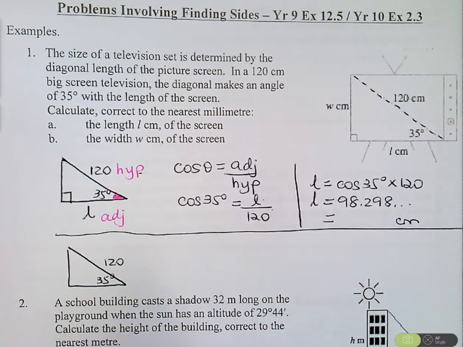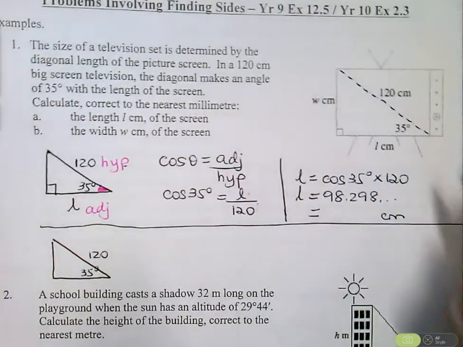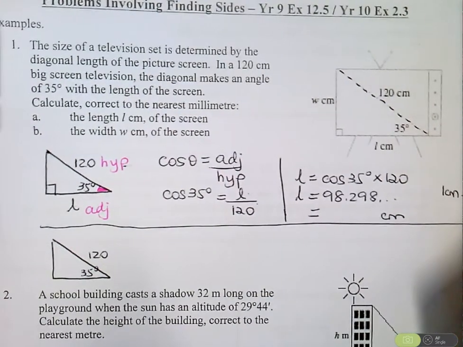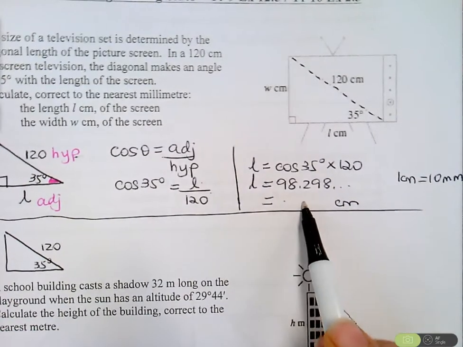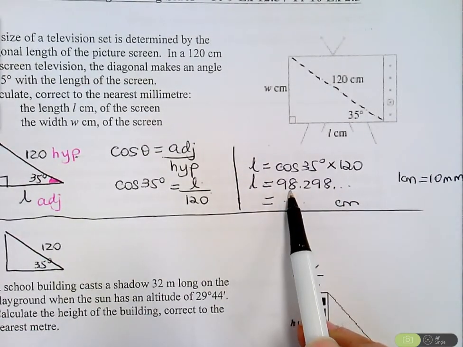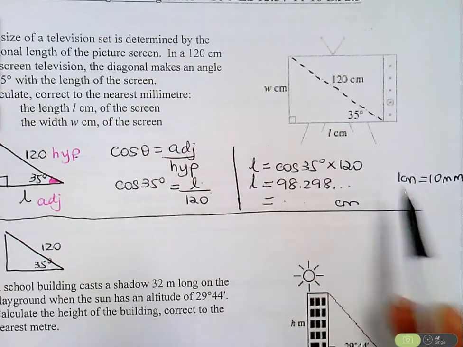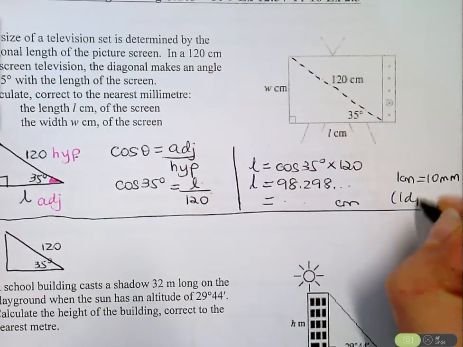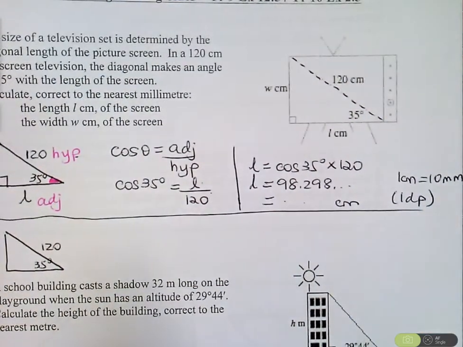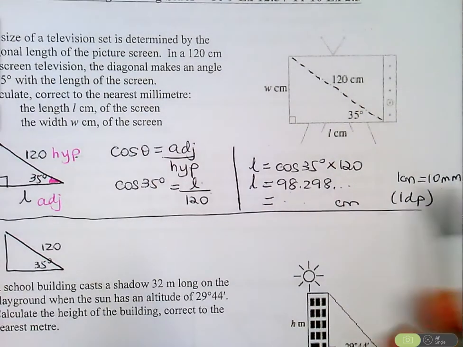Because 1 centimetre is 10 millimetres, you give 1 decimal place in the centimetres, because the 8 is the centimetre place, the 2 is the millimetre place. So 1 centimetre is 10 millimetres, so that's telling you to give 1 decimal place if it's written in centimetres. Your other option is to change it all to millimetres, round it to the nearest and put it back, but you'll find that's your trick.